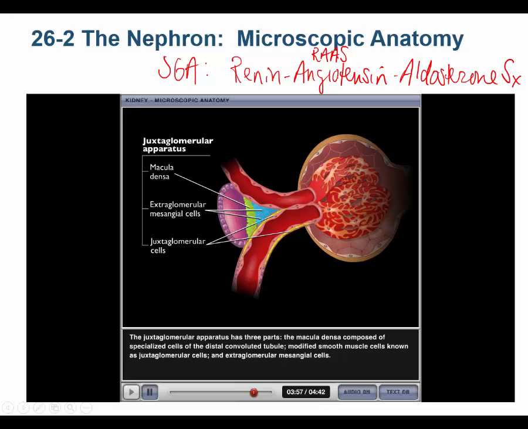You learned that in Bio 203, I forget which chapter, maybe the blood chapter, cardiac chapter possibly. You wouldn't have learned it in the respiratory chapter, other than that the lungs do have an enzyme called ACE, angiotensin converting enzyme. But anyway, you learned this renin-angiotensin-aldosterone system before.